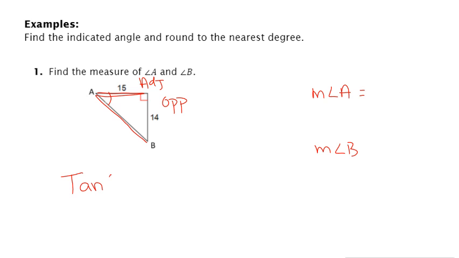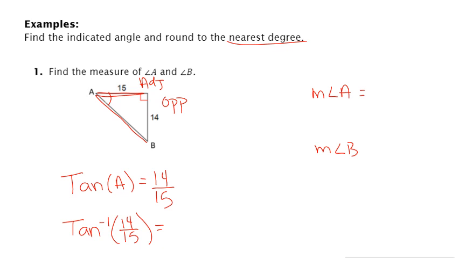The tangent of angle A is 14 over 15. Again, I'm not dividing by tangent or anything. I have to use my inverse. So in my calculator, I would do second and tangent of 14 over 15, and to the nearest degree, that would give me angle A. When I do that, I get the measure of angle A is 43 degrees.